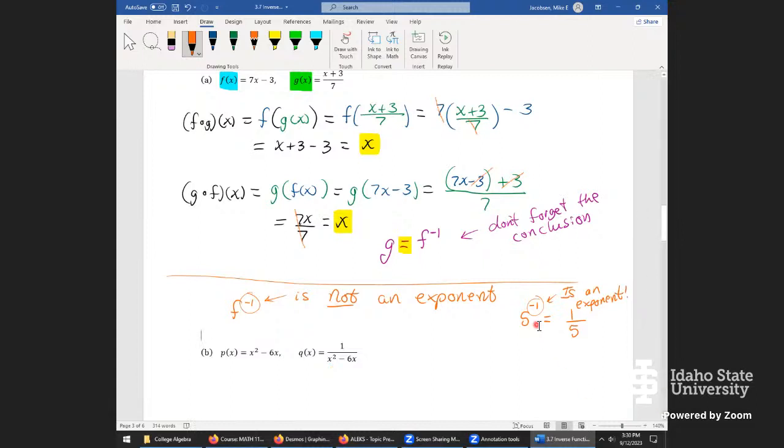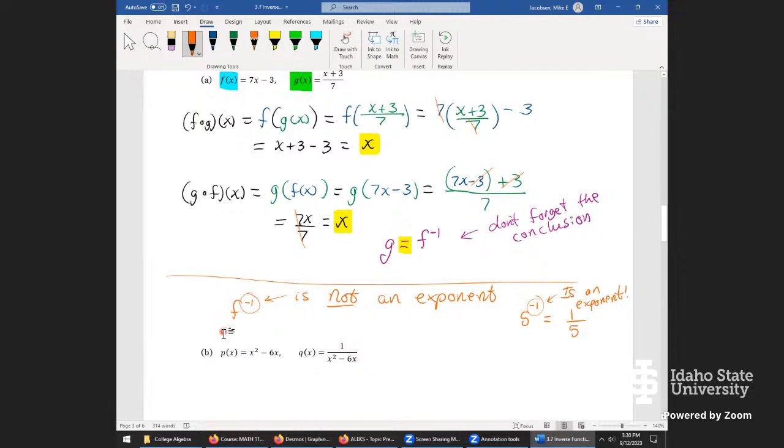Numerically, these kinds of things are indicating exponents, and it's just saying divide by 5. But over here, that is not the case. So if you see a whole function thrown into the denominator, they might be inverses, but it might be Alex is trying to see if we have noticed this issue, that it's not an exponent at all, and simply tossing stuff to a denominator does not necessarily give you an inverse function.